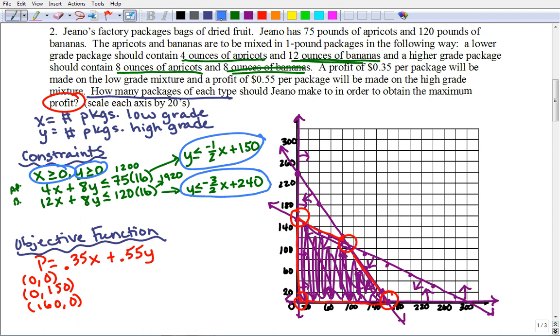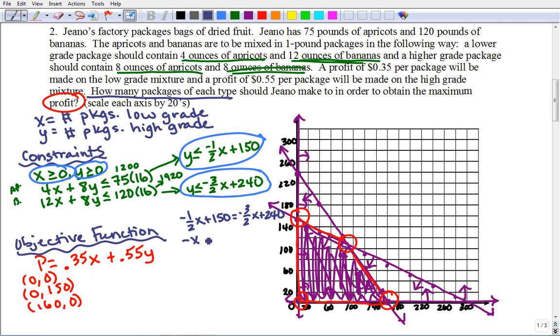So let's do that. So this one was the negative 1/2 x plus 150. And then this one was the negative 3/2 x plus 240. If we want to get rid of all of those fractions, we can multiply everything by 2.